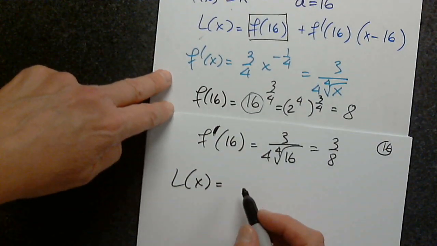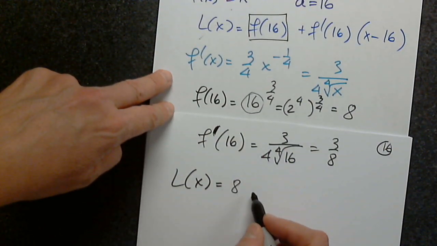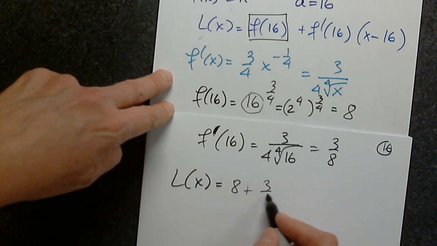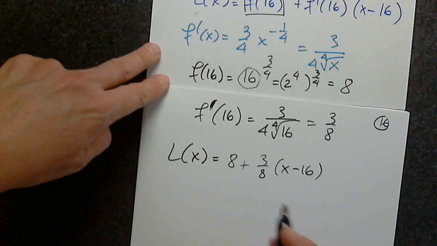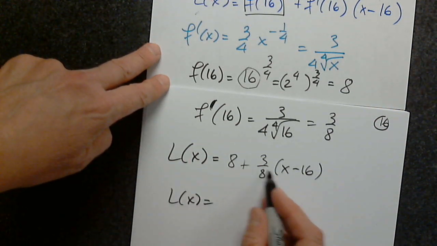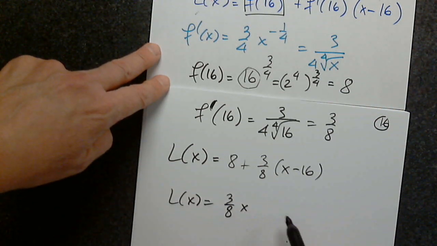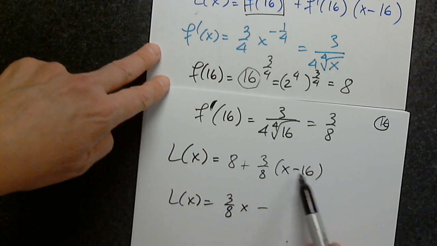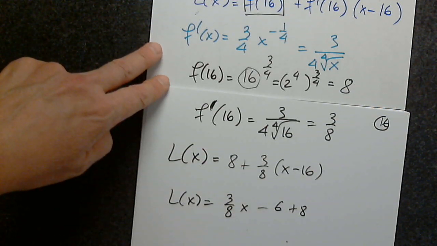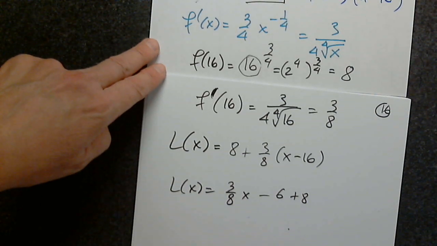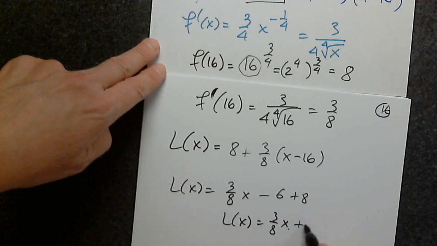So f of 16, we calculated, was 8 plus 3/8 times x minus 16. So L of x is 3/8 x minus 2 times 3 is 6, and plus 8. So L of x is 3/8 x plus 2.